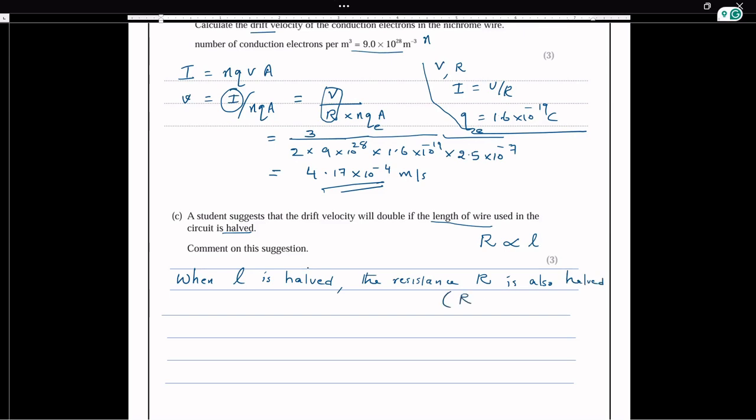That means R and L are directly proportional. So current will be doubled. When the resistance is halved, current will be doubled because we know that V is equal to I times R. So when R is halved, current will be doubled to keep the voltage constant.